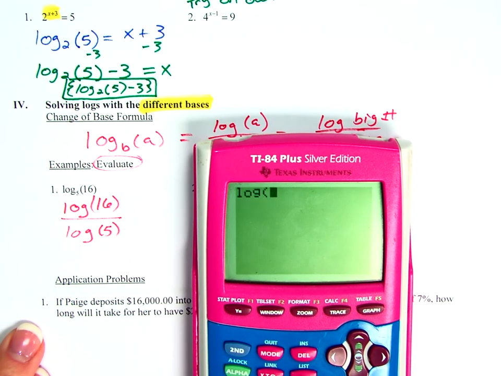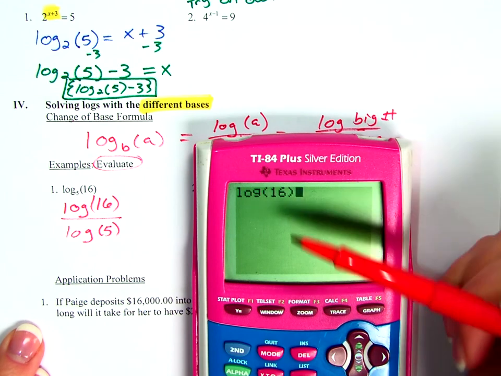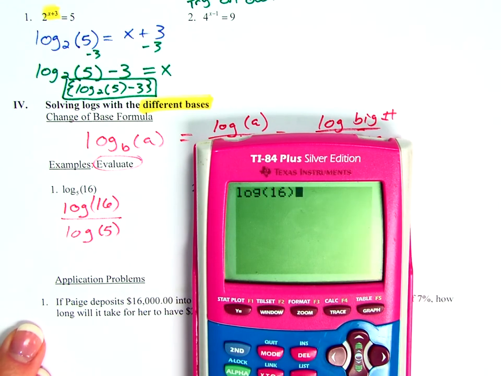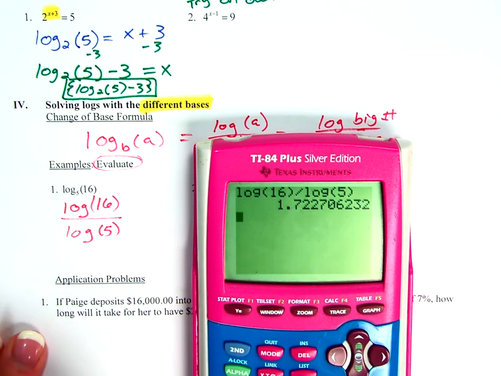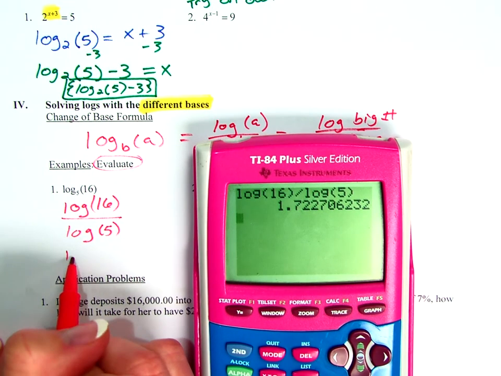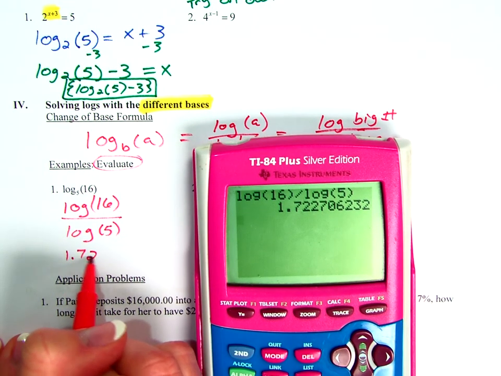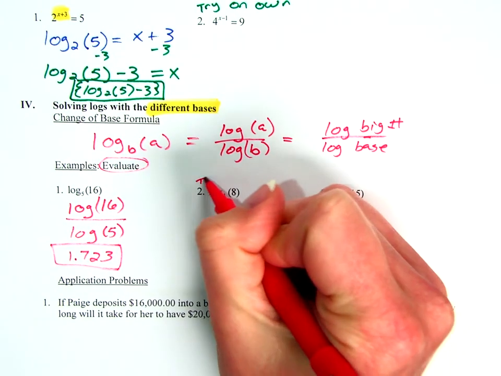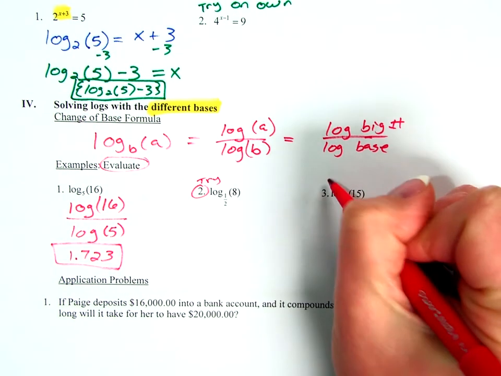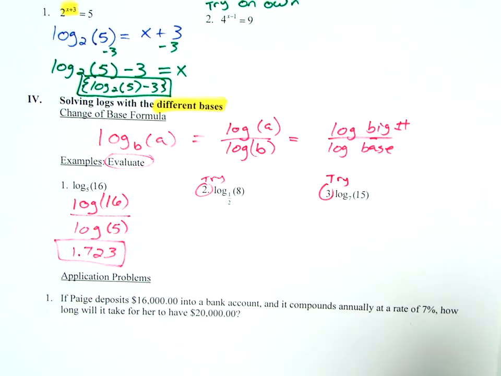Log of 16, make sure you close your parentheses so that your calculator knows you're done with that log. Divide it by log of 5 and close the parenthesis again. And we end up with 1.723, because that 7 will make that other 2 become a 3. So 1.723 as your final answer. And you can go ahead and try number 2 and number 3 on your own.